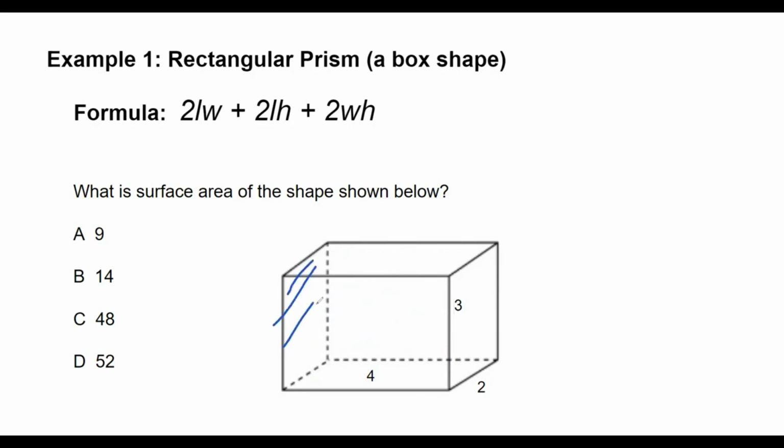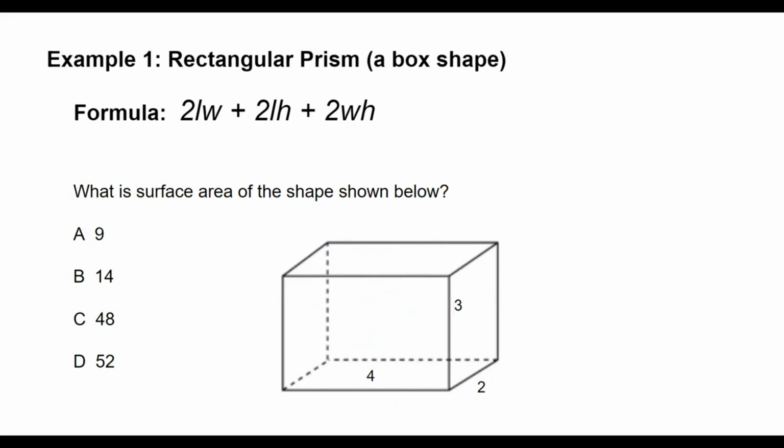These ends are the same. This end and this end are exactly the same. So we have 2 of those. And we also have a top and a bottom that are the same size. So that's what's going on in the formula. We're calculating the area of one of them, and then we're multiplying by 2.